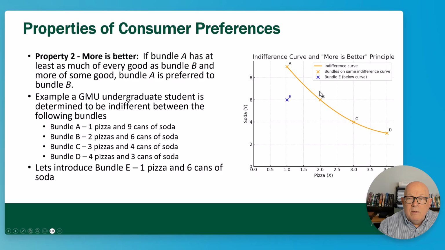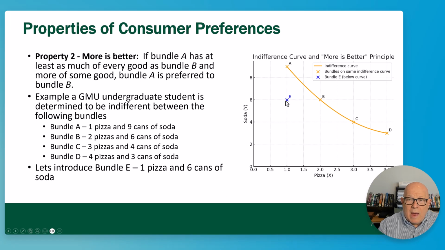bundles. Their indifference curve would look like this. In this particular case, this student is indifferent between these 4 bundles. They would get the same amount of satisfaction regardless of what those bundles are. Let's say that we introduce bundle E, which contains 1 pizza and 6 cans of soda.